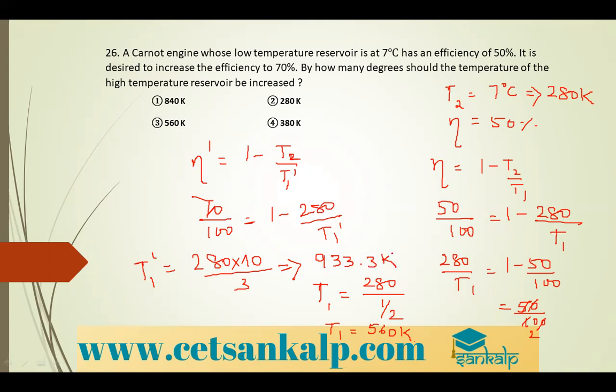So delta T is equal to T1 dash minus T1, which is 933.3 minus 560.